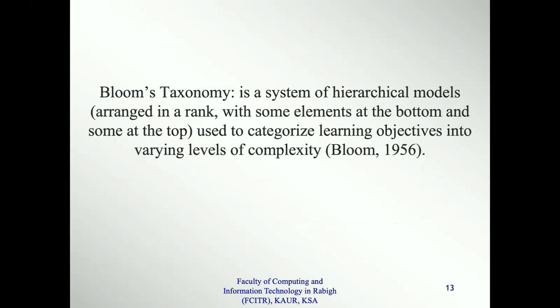The Bloom taxonomy is a system of hierarchical models arranged in a rank with some elements at the bottom and some at the top, used to categorize learning objectives into varying levels of complexity. This was created by Bloom in 1956.